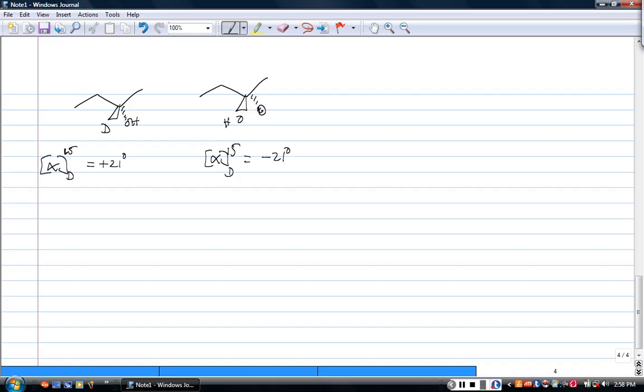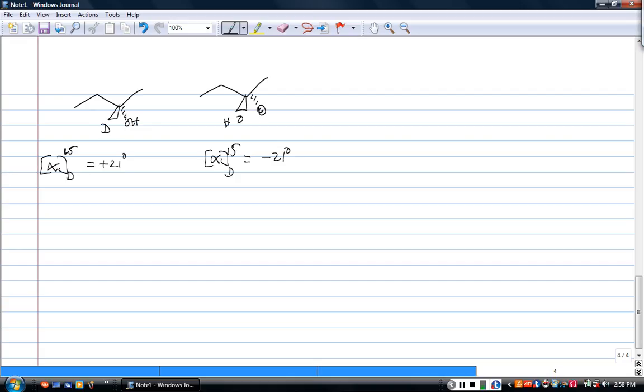All it means is one compound was at unit concentration, whereas the other one was half that concentration. So the specific rotations of the enantiomers have opposite signs but the same value. That's issue number 1.